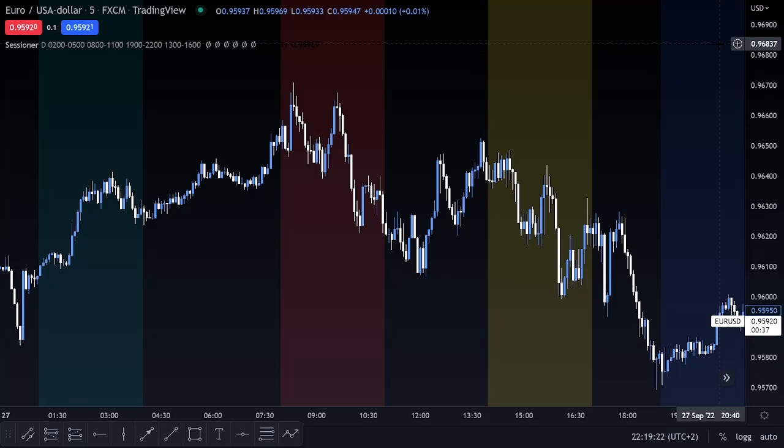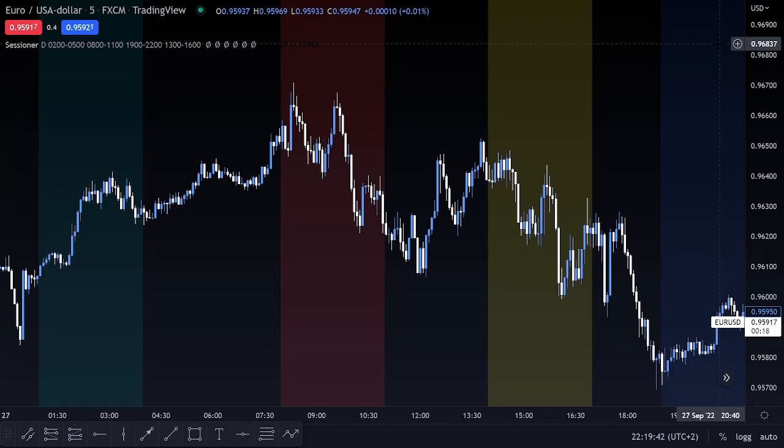Today's video is going to be a short price action video on how I framed an intraday trade, looking at this price action here on the Euro USD 5-minute chart.